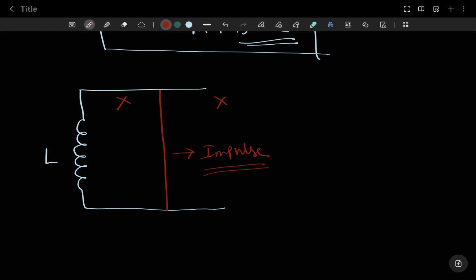let at any instant the velocity of the conductor be v, then the EMF will be BLV, right?